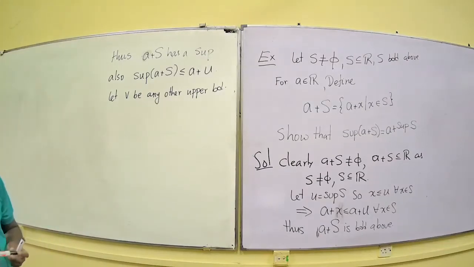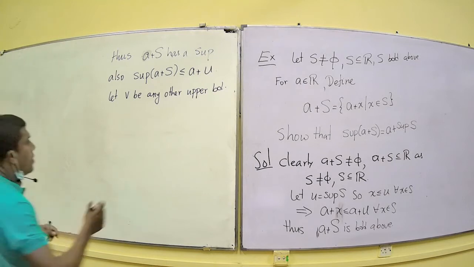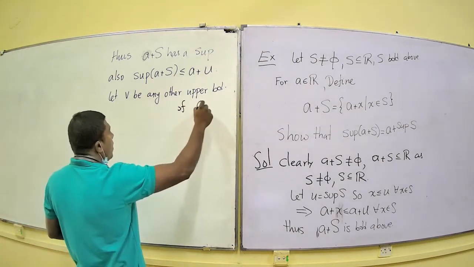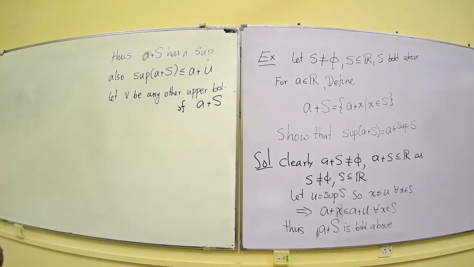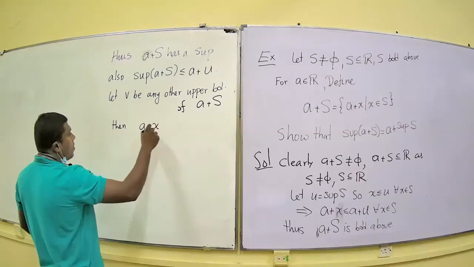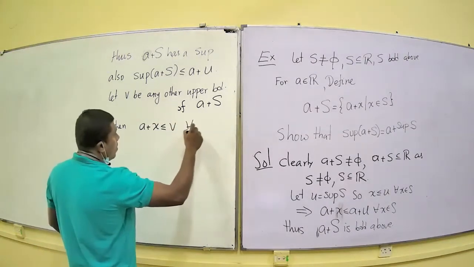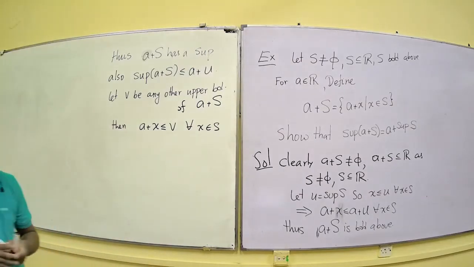Right, so let V be any upper bound of the set, right? So let V be any other upper bound of the set A plus S. Then you clearly know, by the definition of upper bound, A plus X is less than or equal to V for all X in S, right?